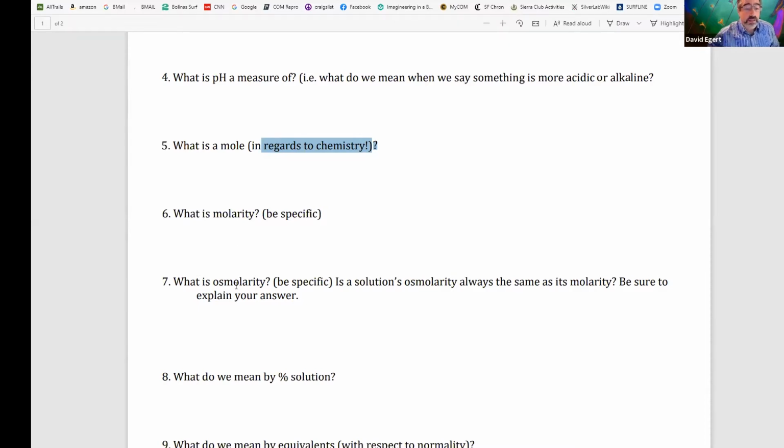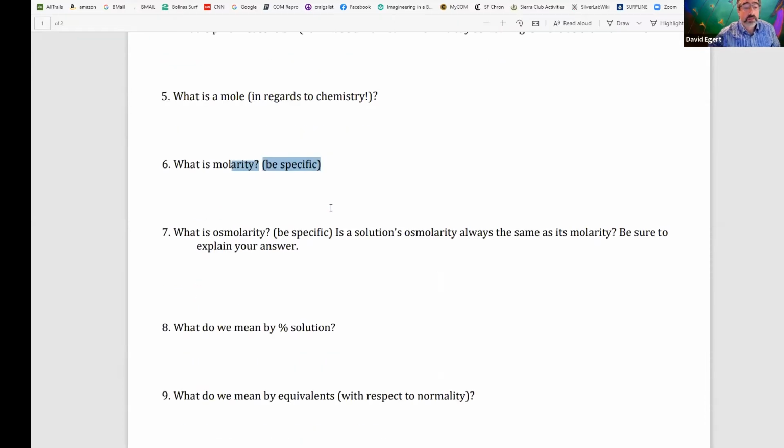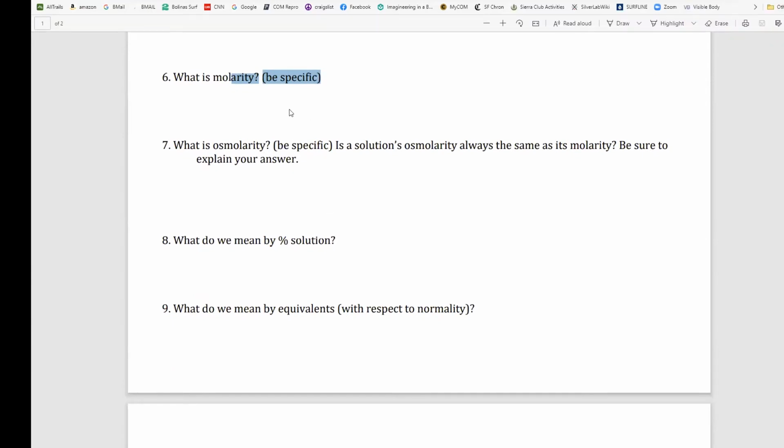And then molarity is just moles per liter. Some people got weird, getting into molality, moles per kilogram of solvent. That's something else, and we're not going to deal with that in this class. This is just straight up moles of solute per liter of solution.